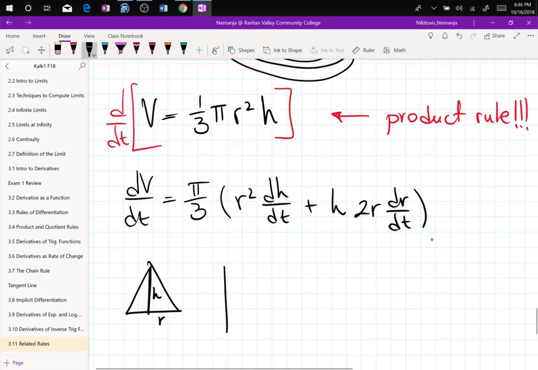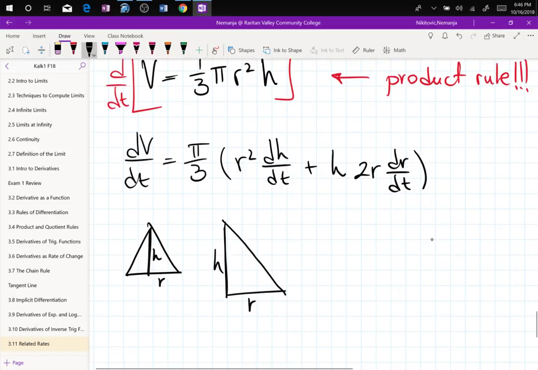If I just focus on one of those triangles, the other half, that's the height, that's the radius. I can make this into an even bigger or a smaller one. All of these are what we call similar triangles.